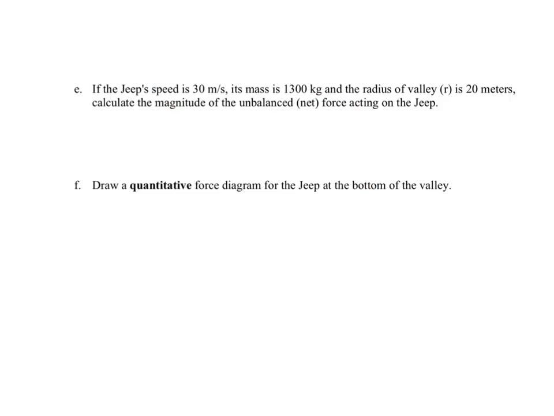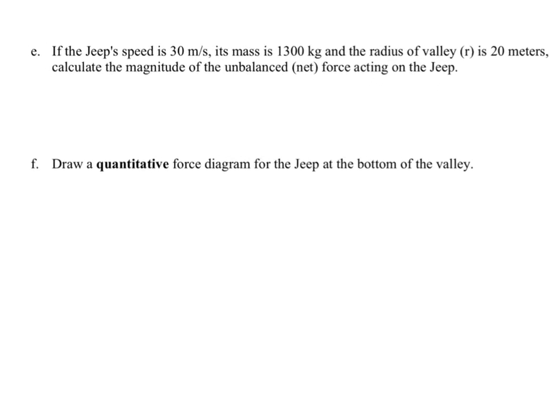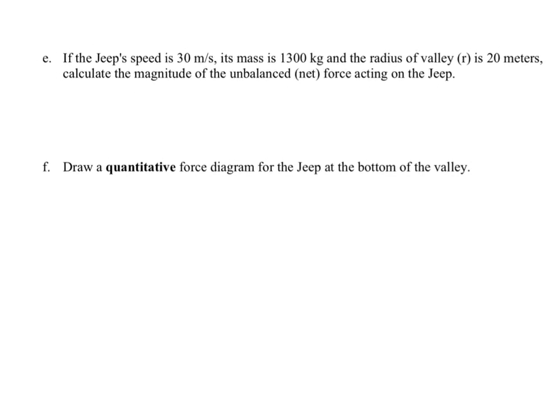Hang on. Let's move on to part E. Same problem. If the Jeep's speed is 30 meters per second, its mass is 1,300 kilograms, and the radius of the valley is 20 meters, calculate the magnitude of the unbalanced force acting on the Jeep. Okay, so they're giving us some numbers now. Let's write down everything we know.